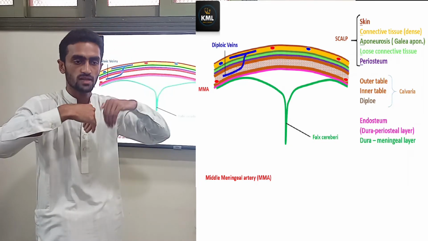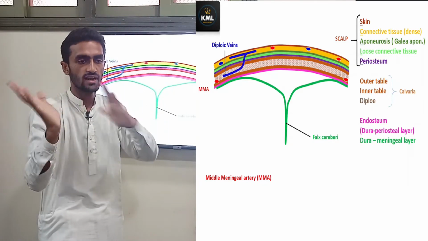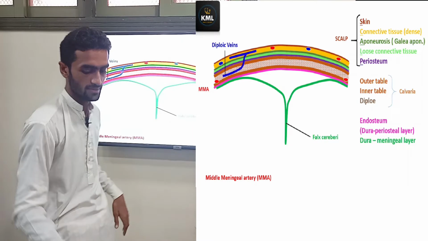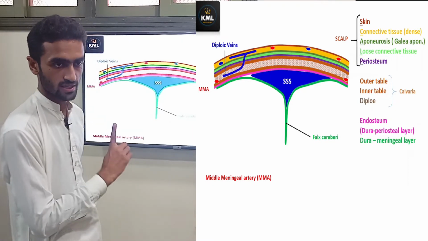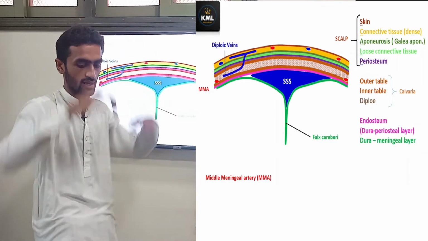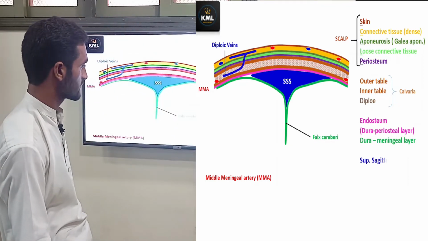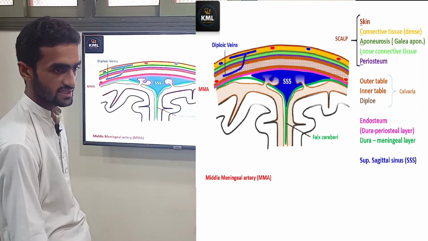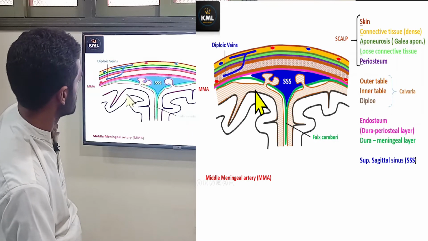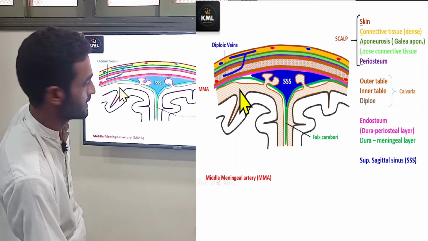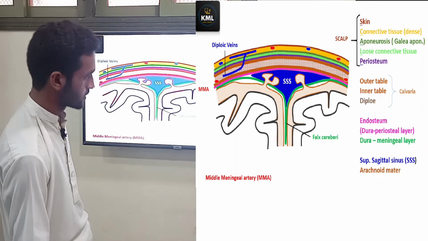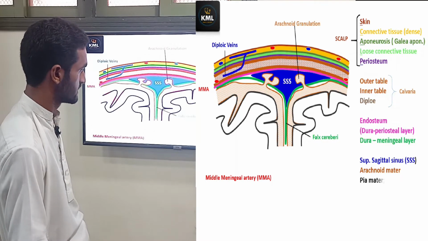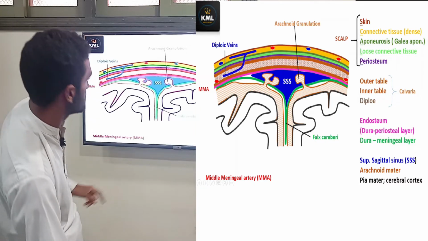The falx cerebri is present in between the left and right cerebral hemispheres. Here is the formation of your superior sagittal sinus on the superior aspect. Here you can see this one is the arachnoid, and under it the black color represents the pia mater, and you can see these granulations.